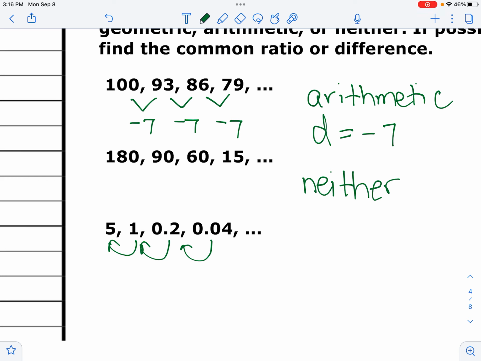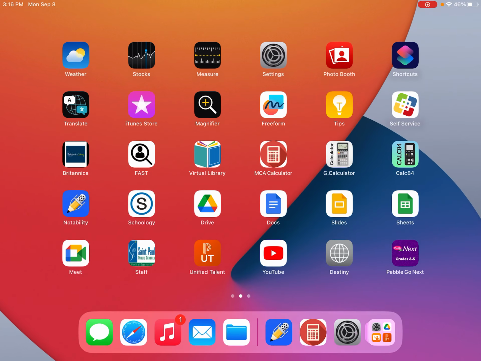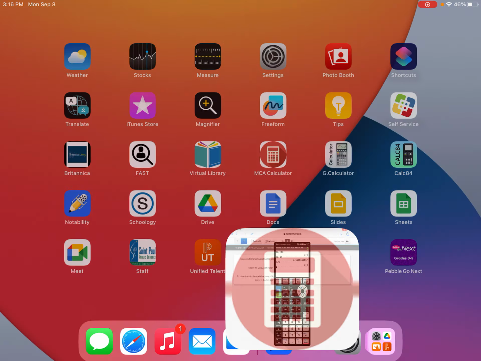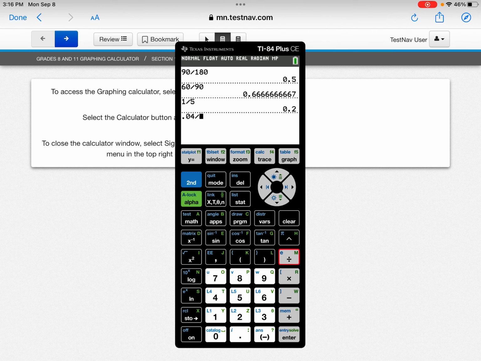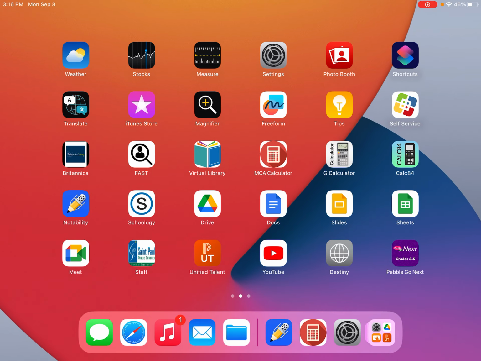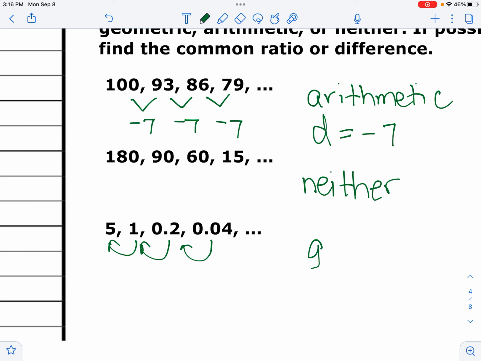Well, that's also 0.2. So now let's do 0.04 divided by 0.2. Also 0.2. So this one is geometric. And my common ratio then is 0.2.